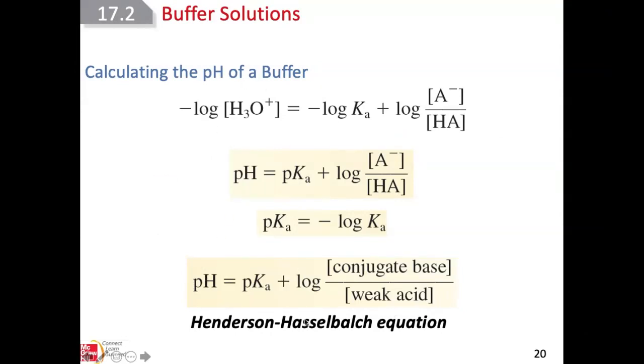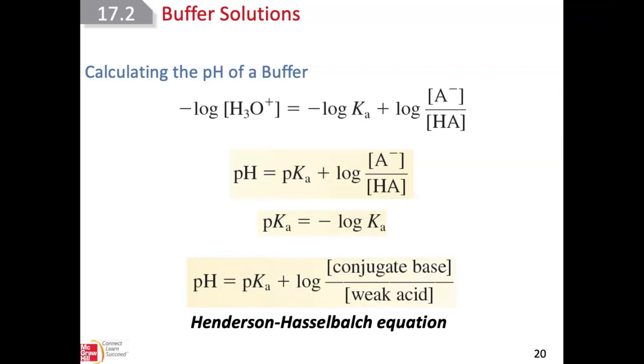Really, we can use this equation, which is called the Henderson-Hasselbalch equation. The pH of a buffer solution equals the pKa plus the logarithm of the concentration of the conjugate base over the concentration of the weak acid.